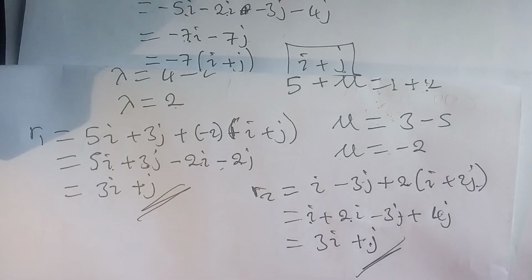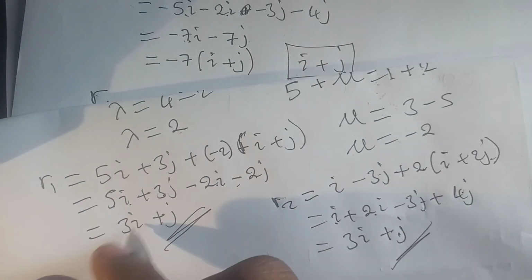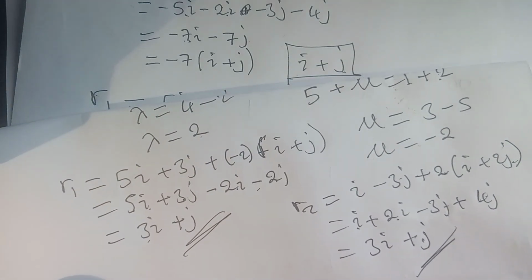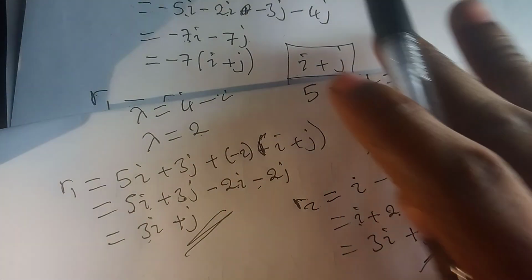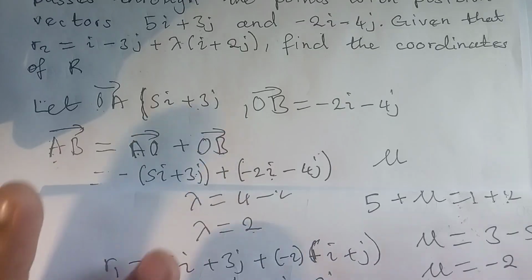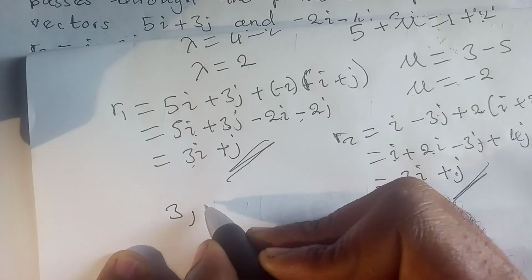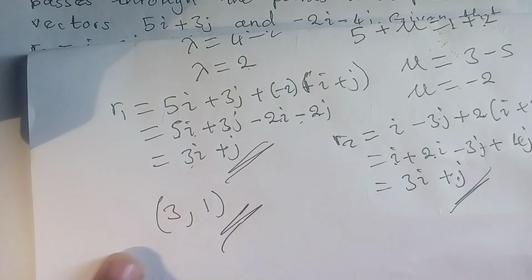So whether you use this or that, the answer will still be the same. So this is the vector, the coordinates. So actually the question is asking you to find the coordinates of R, which is the meeting point of the two vectors. So the coordinates will be 3, 1, and you are done.